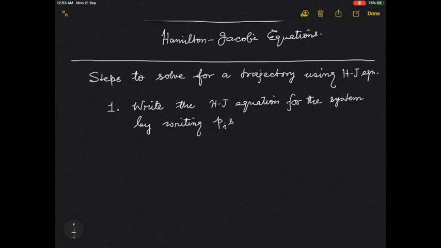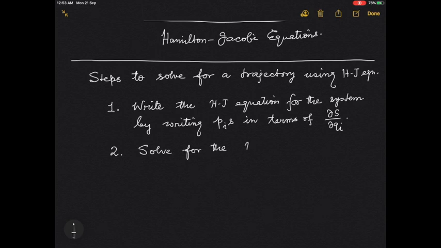So by writing Pi's in terms of del S del qi, that's the first step.